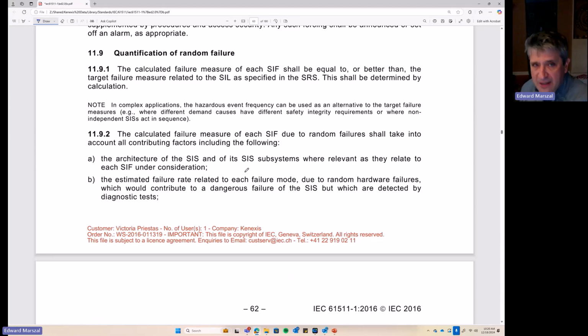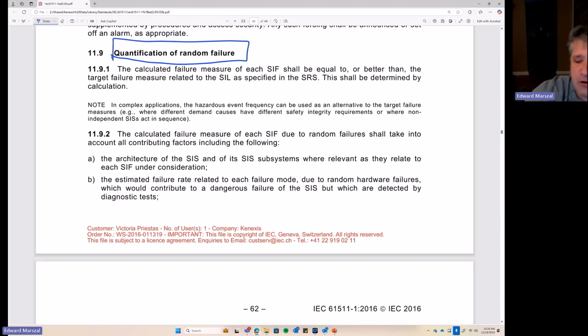So we're making changes to this. Clause 11.9 is called quantification of random failure. That's a very ambiguous term. If you wanted to be a little bit more precise, 11.9 is the SIL verification clause. So 11.9 explains not exactly how to perform a SIL verification calculation, but what you want to include in that SIL verification calculation.